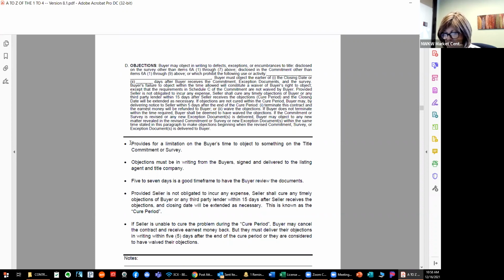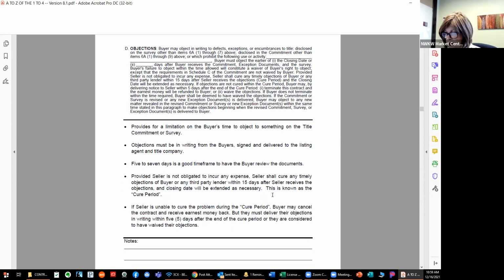Objections must be in writing from the buyers, signed and delivered to the listing agent and title company. 5 to 7 days is a good time frame to have the buyers review the documents that they got. And it says, provided that seller is not obligated to incur any expense, seller shall cure any timely objections of buyer or any third-party lender within 15 days after seller receives the objections, and closing date will be extended as necessary.